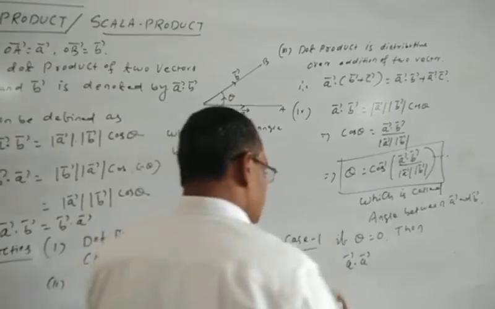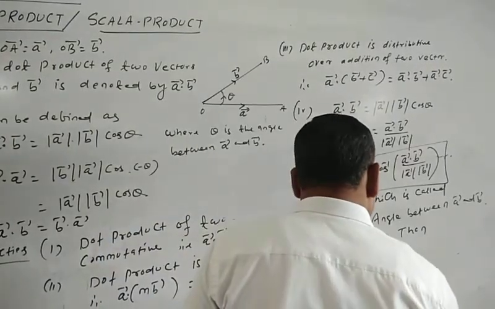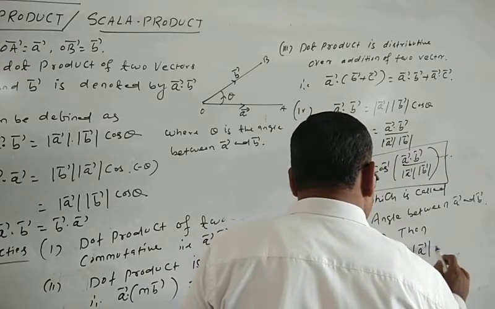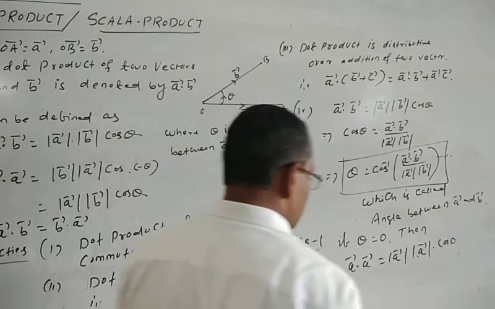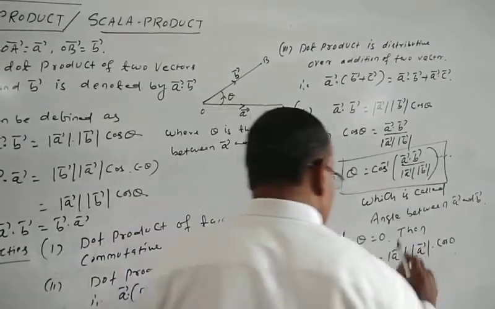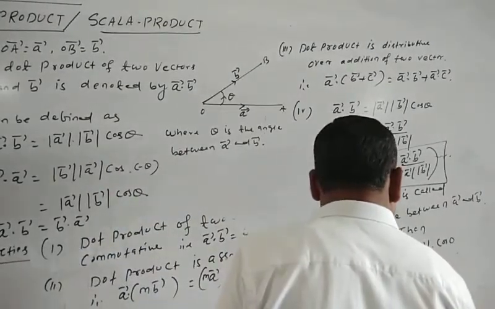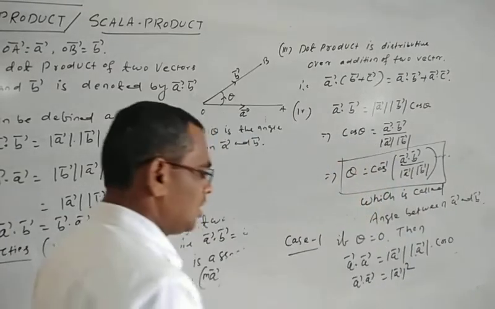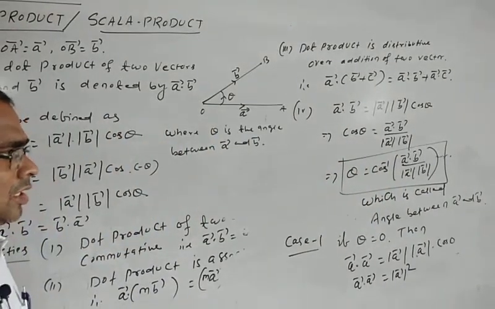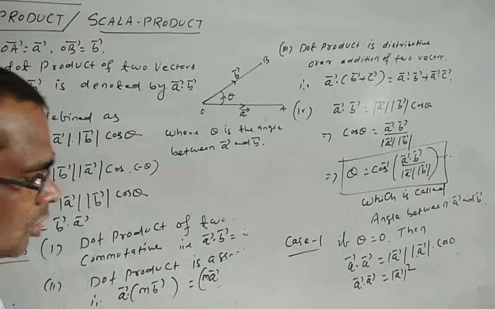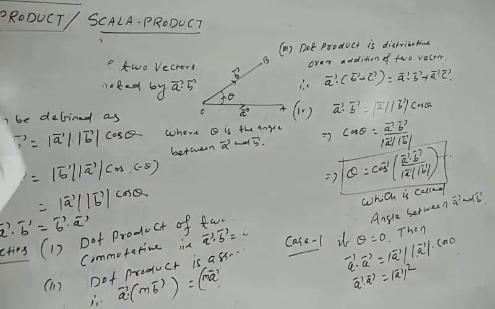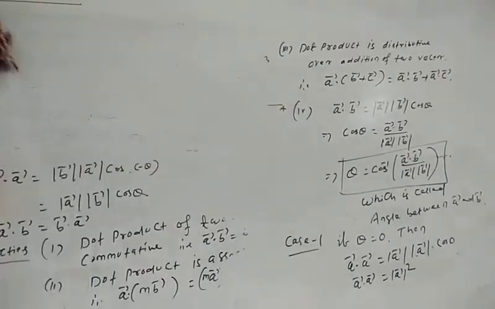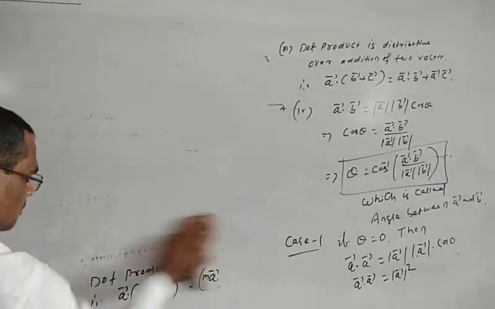That means A vector dot A vector is equal to A vector magnitude into A vector magnitude into cos 0. So cos 0 is 1, A vector dot A vector is equal to A vector magnitude square. That is the dot product of two equal vectors. Dot product of two equal vectors is equal to square of magnitude of that vector.